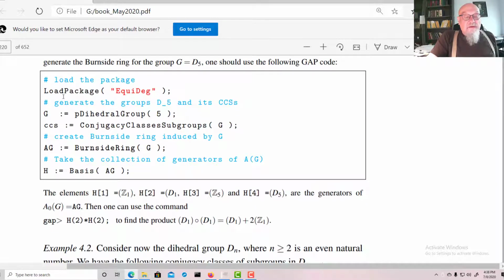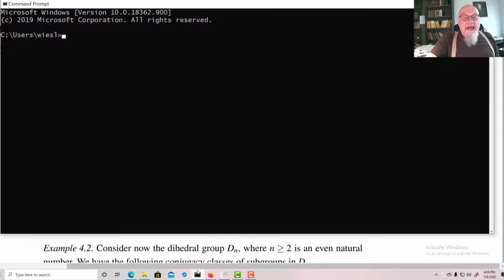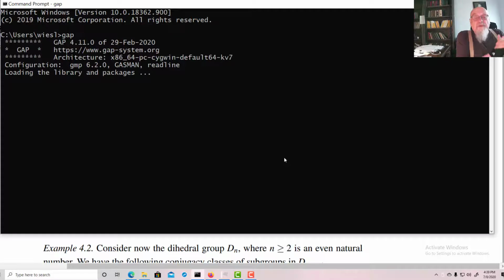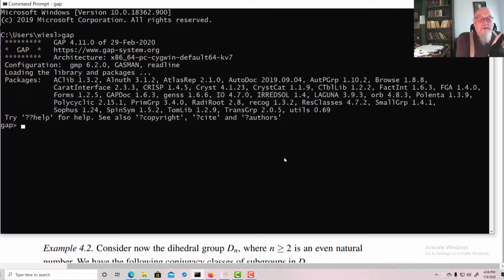Those are actually the commands we'll be using. Control C. So let's go. You already have GAP, so let's start GAP. It works, very good. I'm always happy when it starts.